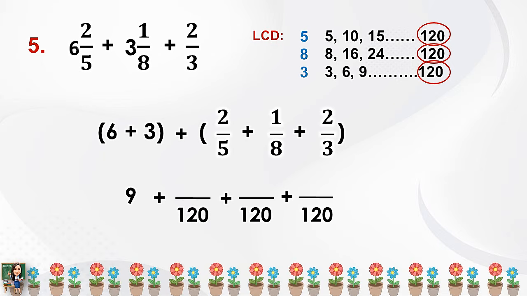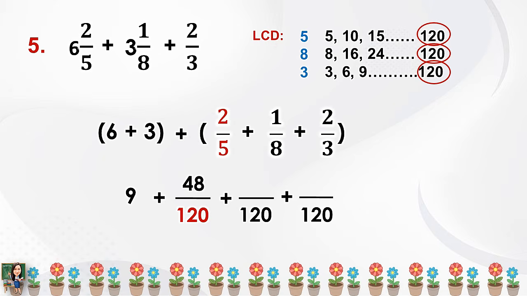And then, to get the numerators, let us divide 120 by the denominator of the first fraction. 120 divided by 5 times 2 equals 48. So this is the numerator of the first fraction.